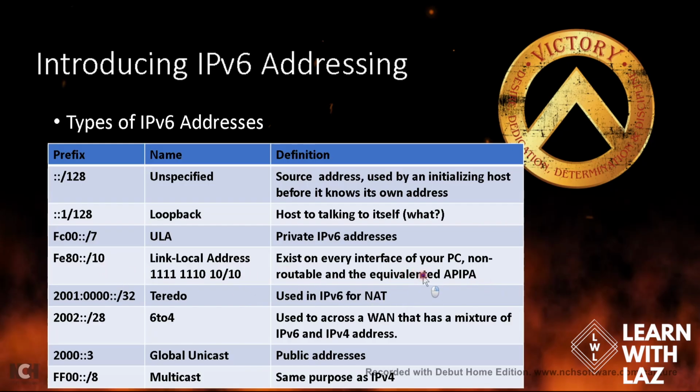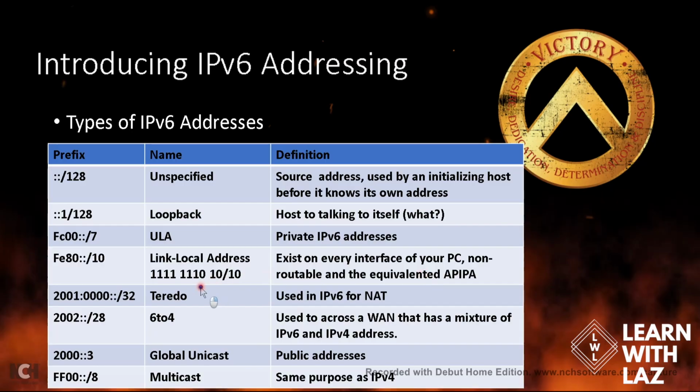Now in the book, I know in the ICND2 book, it's like you can use the FE8, the FE9, the FEA. No, you can't, because the RFC states specifically FE80. That's what we will use. FE80. There is no other link local address, period.